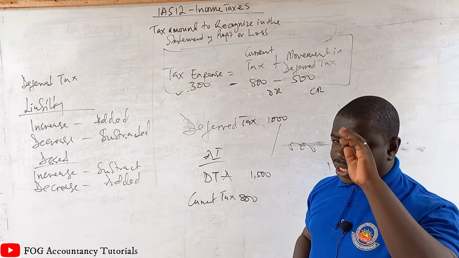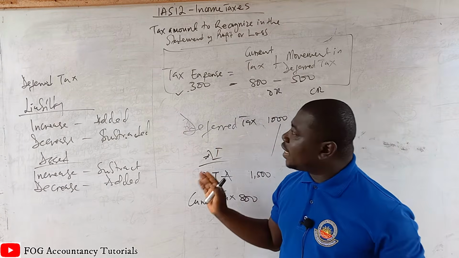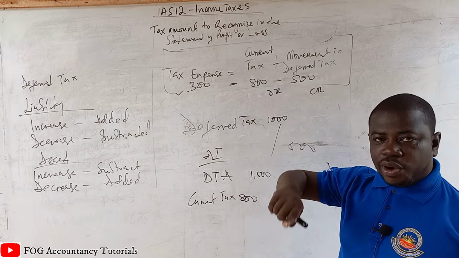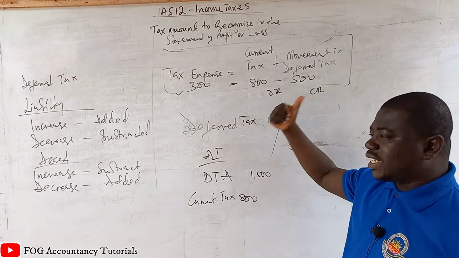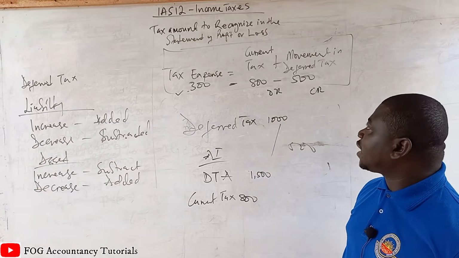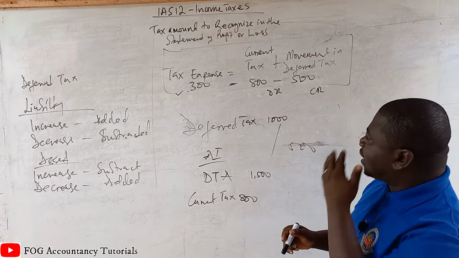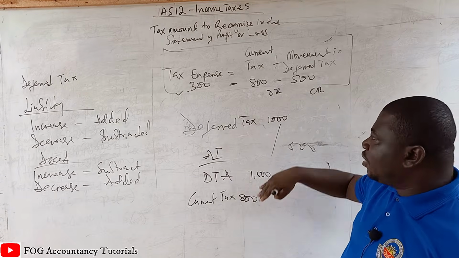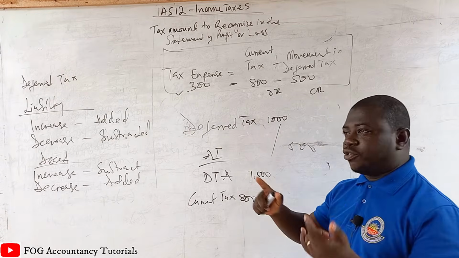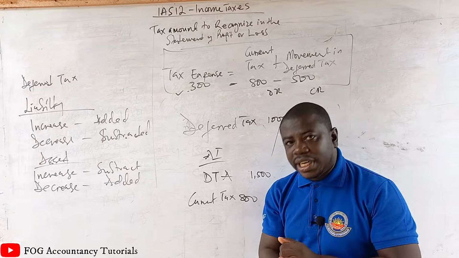It's very, very important that you understand the fact that your tax expense to recognize for the year is your current tax plus your movement in deferred tax. And it depends on whatever movement that you have. If the movement is such that an asset is increasing, then you subtract. So we subtract increase in asset and decrease in liability.